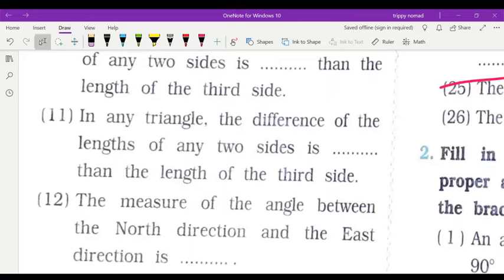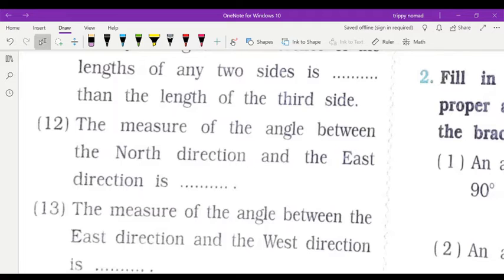For question number 11, if you have to find the difference of two sides of the triangle, you will always get a measure less than the length of the third side. Now we are going to start question number 12.